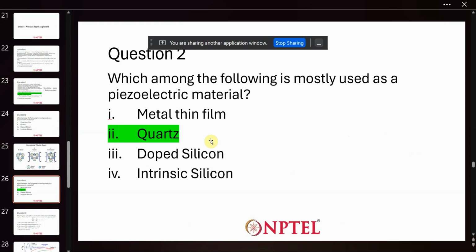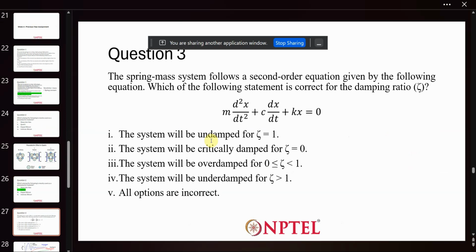Moving to the third question, we have a second order equation describing a spring mass system. Which of the following statements is correct regarding the damping ratio eta? The damping ratio is basically the frequency upon the critical frequency. When it is equal to the critical value, it is called a critically damped system.